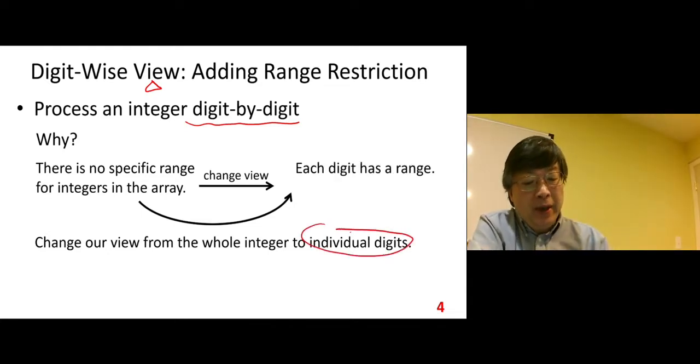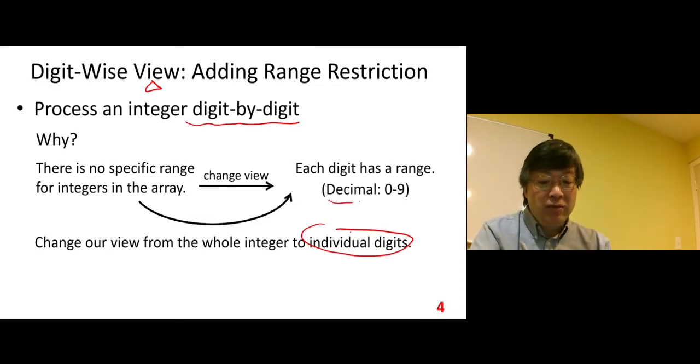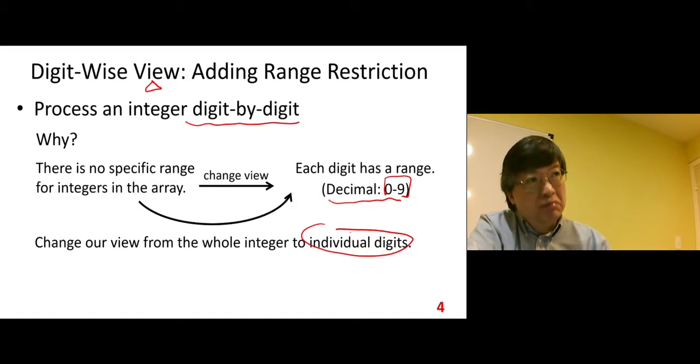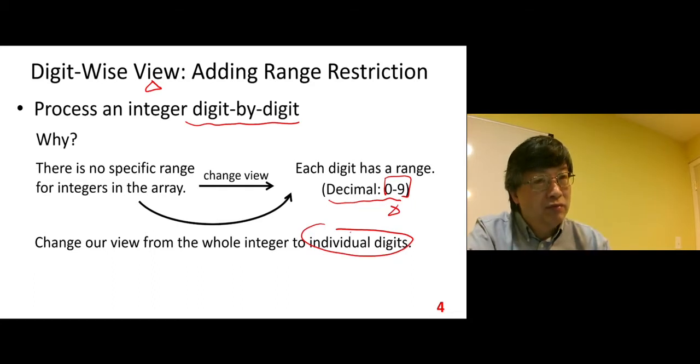Each digit has a range, and that's what we need. For decimal, the range is from 0 to 9. That's the desired property we need. So we finally get this natural range. Is this range natural? Very natural.